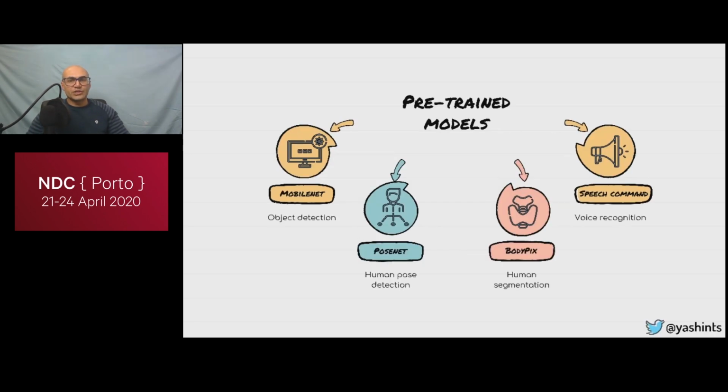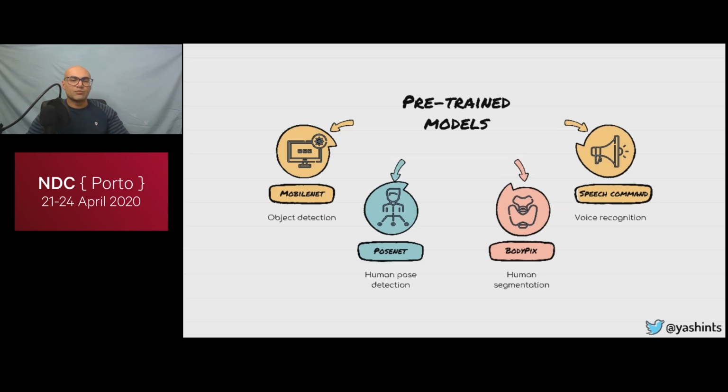Now, there are a lot of pre-trained models already submitted to the TensorFlow.js repository, coming in different categories. In terms of object detection, there's MobileNet, where you can detect an object inside an image, or do image classification and so on.